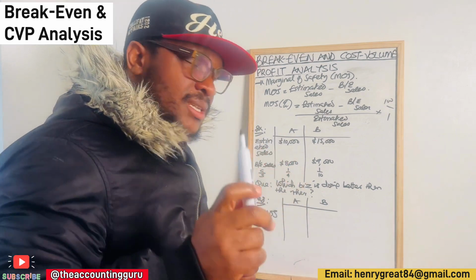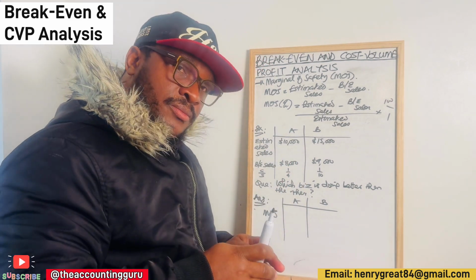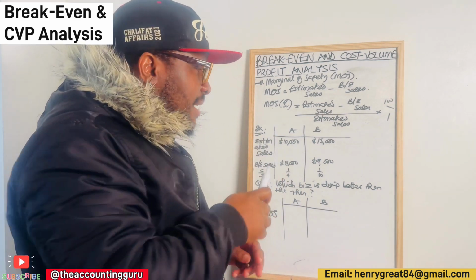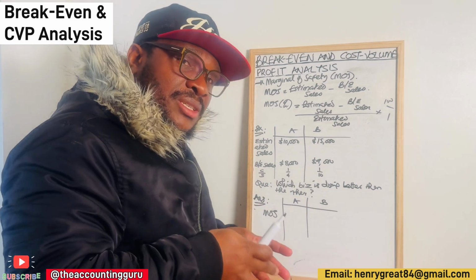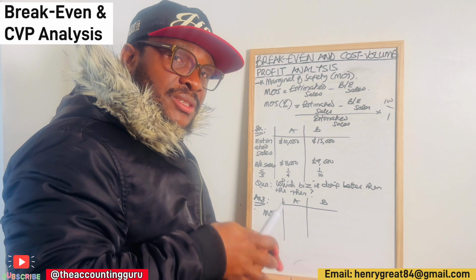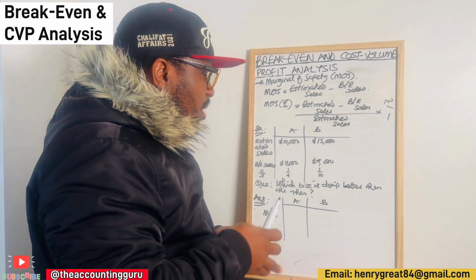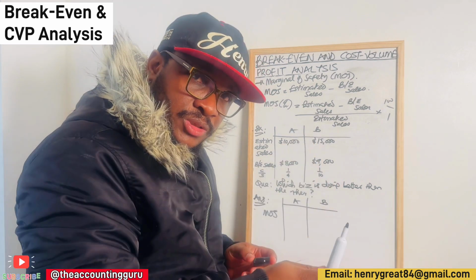Do not forget, again I repeat, break-even sales is that sales level. Let's assume these two companies are currently operating at break-even sales. So break-even sales means the sales level where the business is not making profit, it is not making a loss.